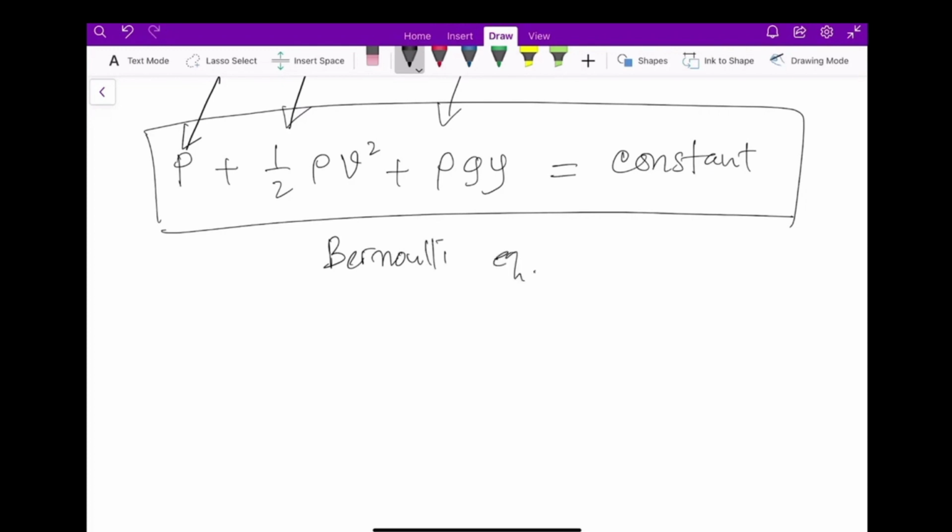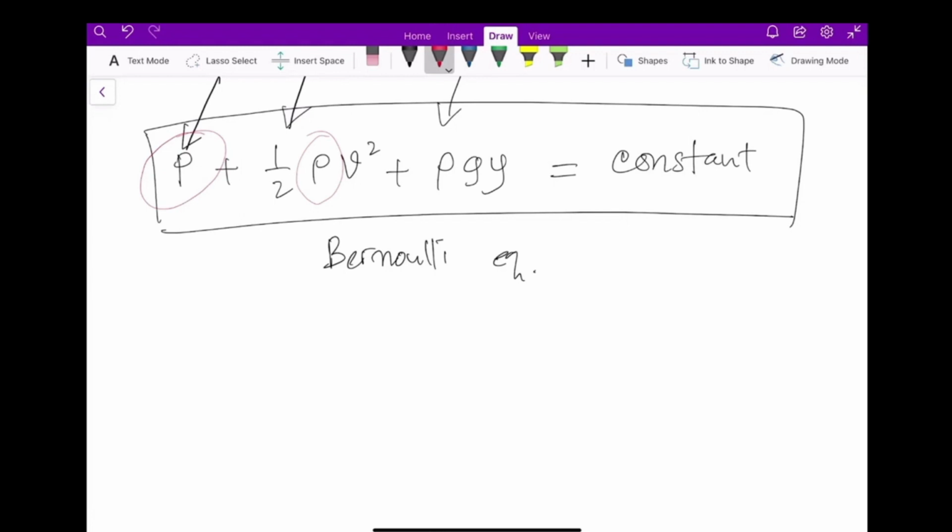This is a very useful form that is really helpful if you would like to obtain some of the important properties of the fluid flow, such as the pressure, velocity, or the elevation Y. And by playing around with the terms, let's say we have density here, you can relate it with mass and volume, and we can change P with a different relation, if you know the conversion of pressure to different properties.